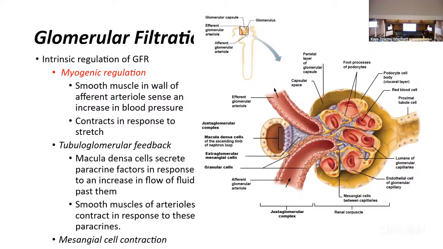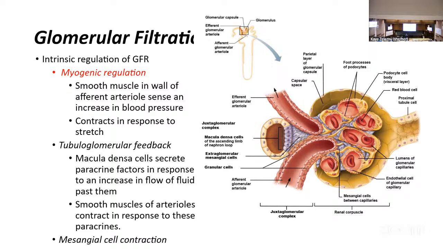So when we're regulating our glomerular filtration rate, we're going to be thinking about three forms of intrinsic regulation. So intrinsic, we're thinking local, right? So local to the kidney here. Okay. The first of these is myogenic regulation. So this is about the smooth muscle, okay?